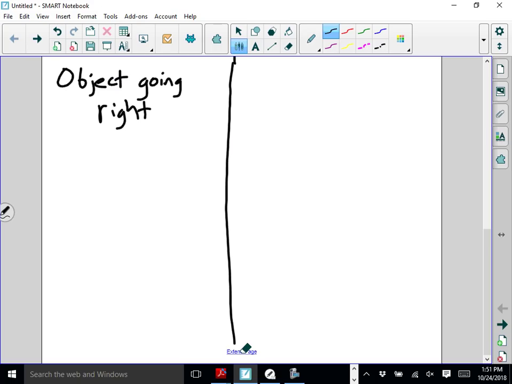Well, what we're ultimately looking for is we're looking for v of t to be positive. So we're looking for our velocity to be positive. Anytime our velocity is positive, we're going right. So what does that mean? Well, let's talk about it in terms of a graph and in terms of a function.